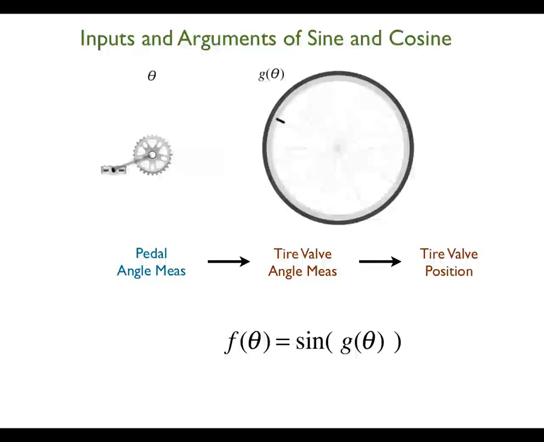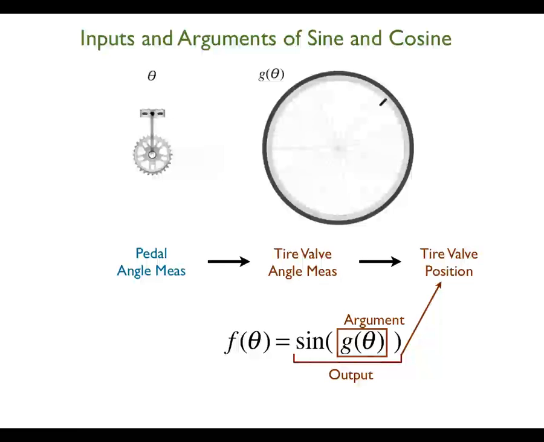In general, it looks something like this. We have some function, and what's the output of that function? Which of those three quantities is the output? Tire valve position, right? In this case, if it's sine, it'd be the vertical height of that tire valve above the horizontal diameter. What's the argument? If we want the tire valve position, then what do we have to put into sine?